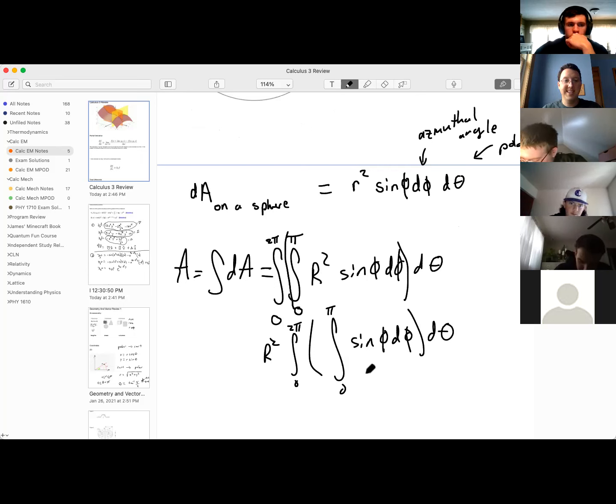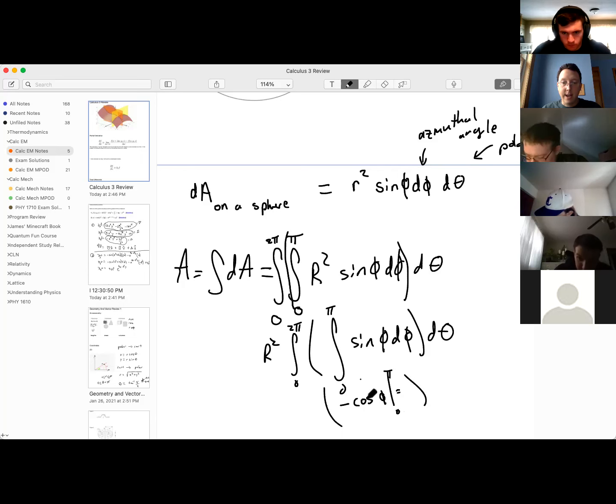Careful with minus signs. Negative cosine. So this part gives me minus cosine of phi evaluated between 0 and pi. That is minus 1 minus 1, plus 1 minus minus 1. It's 2.